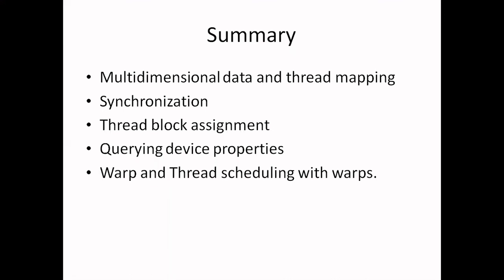If you have the same number of streaming multiprocessors and blocks, then one block can be assigned to each streaming multiprocessor. However, if you have more blocks than streaming multiprocessors, then two or more thread blocks can be assigned to one streaming multiprocessor.